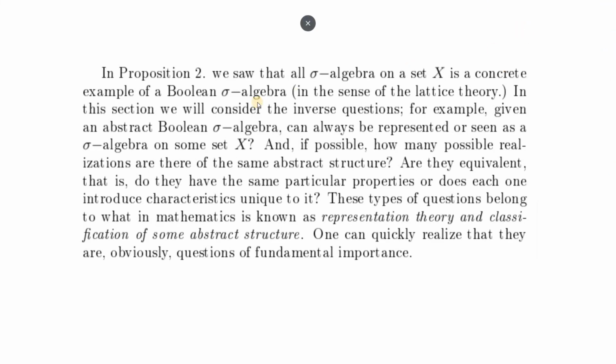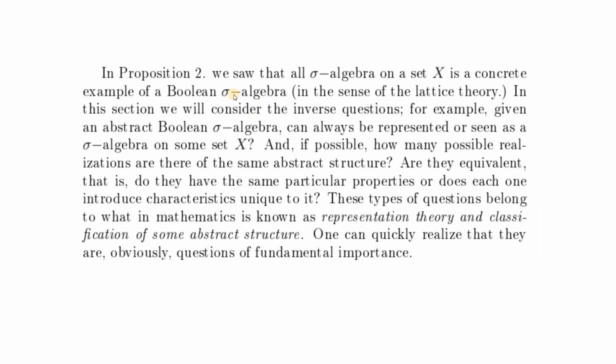And now, as we mentioned, a sigma algebra on a set is a concrete example of a Boolean sigma algebra. Now, what about the opposite question? What if we have an abstract Boolean sigma algebra, in the sense of being a bounded, sigma complete, and distributive lattice?